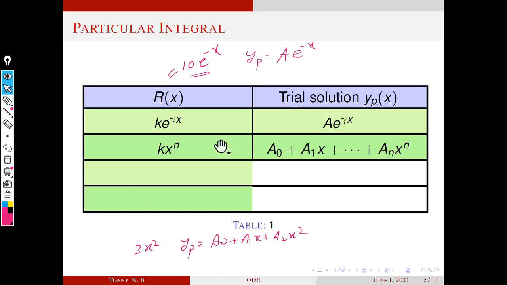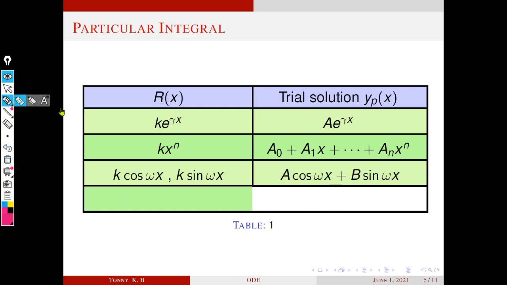And the next one is k cos omega x or k sin omega x, any one of them. Both of these r of x have only one trial solution. This is the trial solution. For example, suppose our r of x is like this, 7 cos 2x.